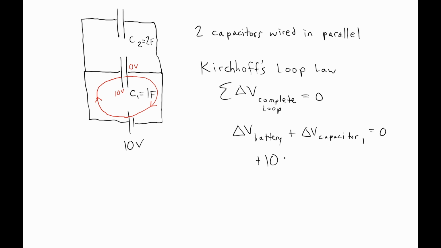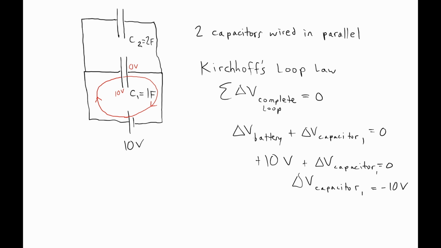Therefore, since we gain 10 volts in the battery, we can solve for the delta V of the capacitor, and that reveals that the delta V of the capacitor must be negative 10 volts. Alright, so it's good to think about the potential changes as you move around a circuit loop.